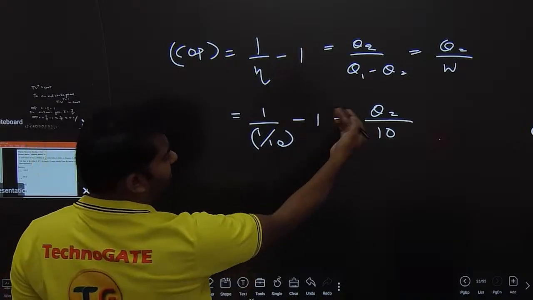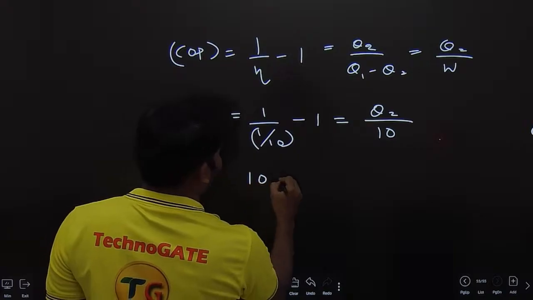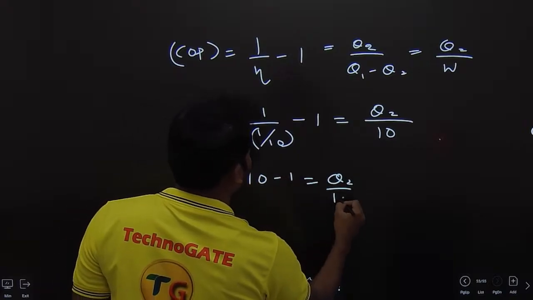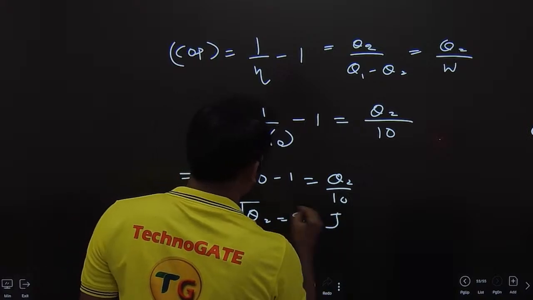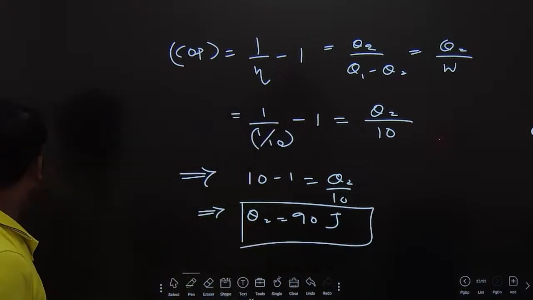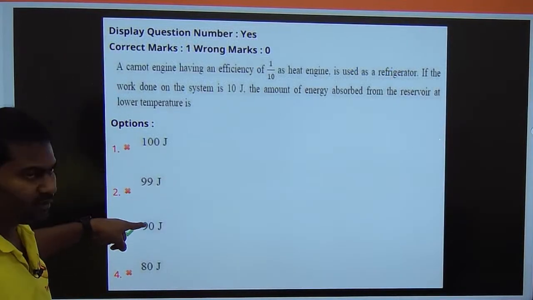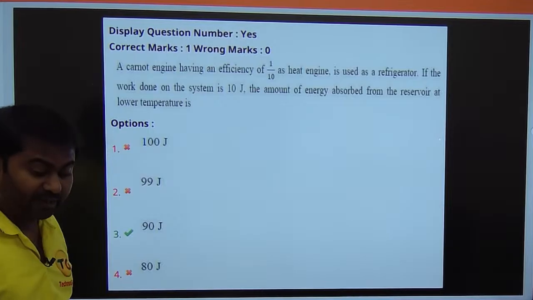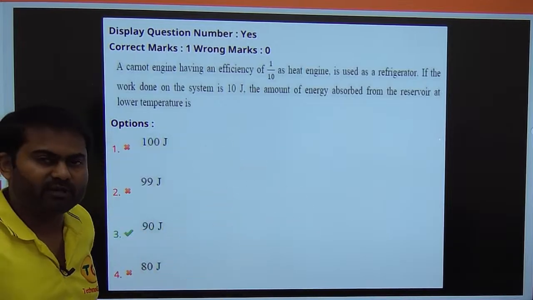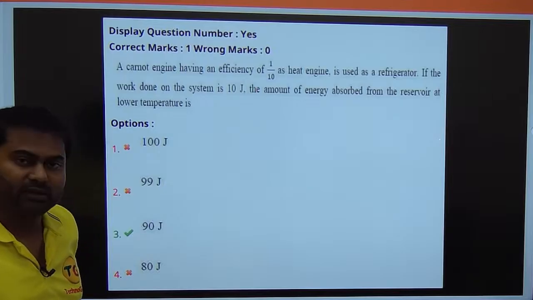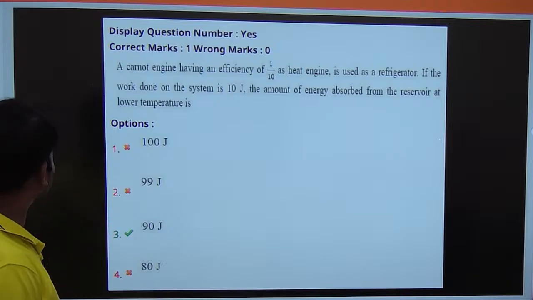Work done is Q1 minus Q2. So we get 10 minus 1 is equal to Q2 by 10, so Q2 is equal to 90 joules. The amount of heat taken from the lower temperature is 90 joules. So the refrigerator has taken 90 joules and kept the refrigerator cooler. It has taken heat from that reservoir, that's why it is taking out energy. So the answer is option number 3.